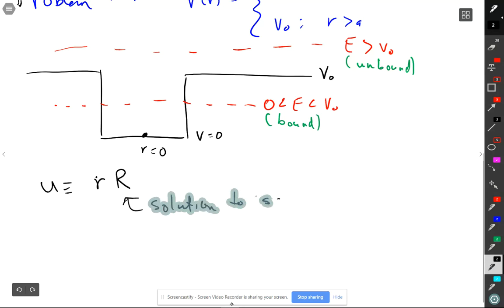So that would be the radial wave function, I guess I should put. And this is a really important thing. I got to 5 minutes before I had to leave, and I was stuck, and so I peeked at my notes, and this was the thing I had forgotten.